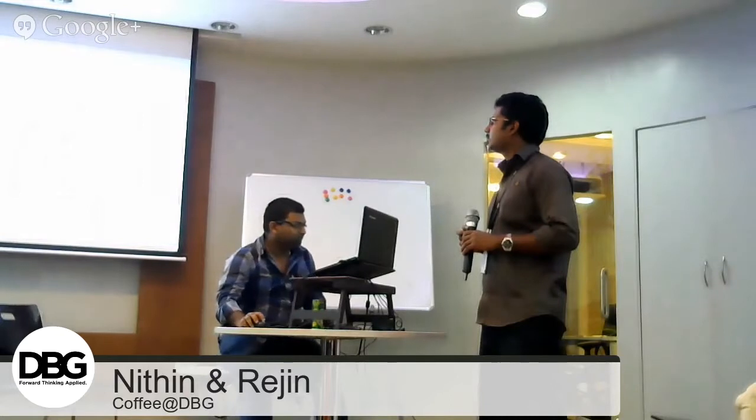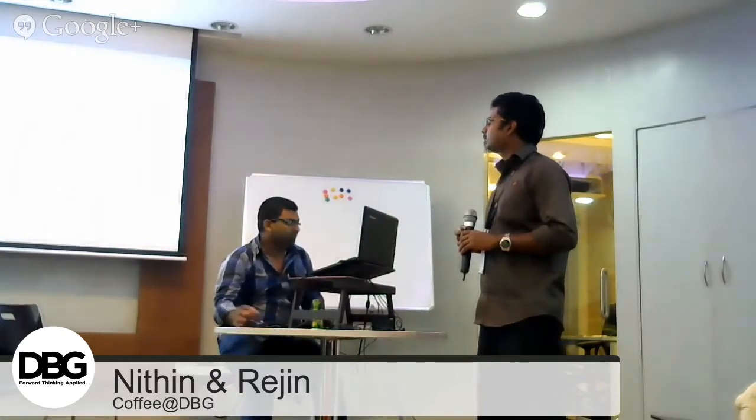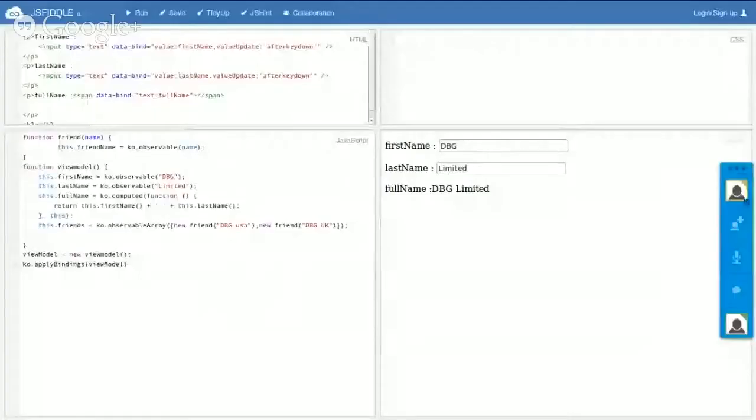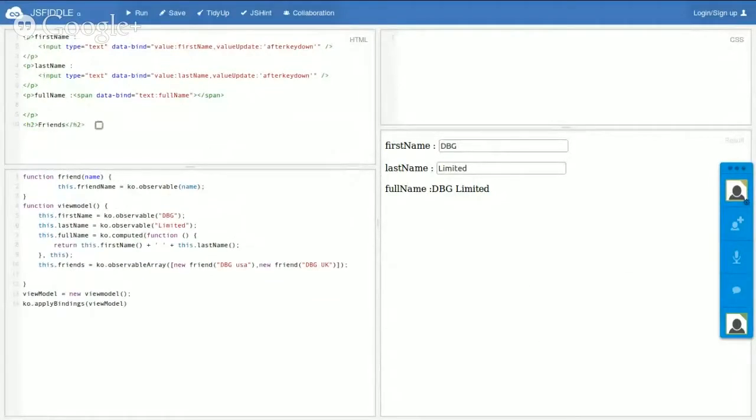So I'm going to list the friends here. Here I am binding not a class but foreach.